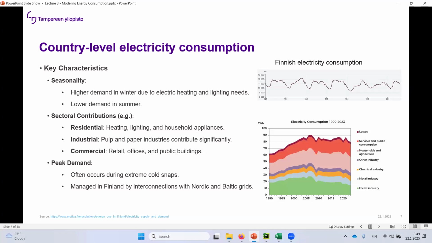How big a probability is there that there's going to be not enough electricity production in Finland? Because there have been a lot of outages, for example, in nuclear power plants, when there's no wind and really low outside temperature. And if a nuclear power plant starts to trip and then somebody cuts our cables, then we're going to be in a lot of trouble. But where can you find this country level, so Finnish electricity consumption data?